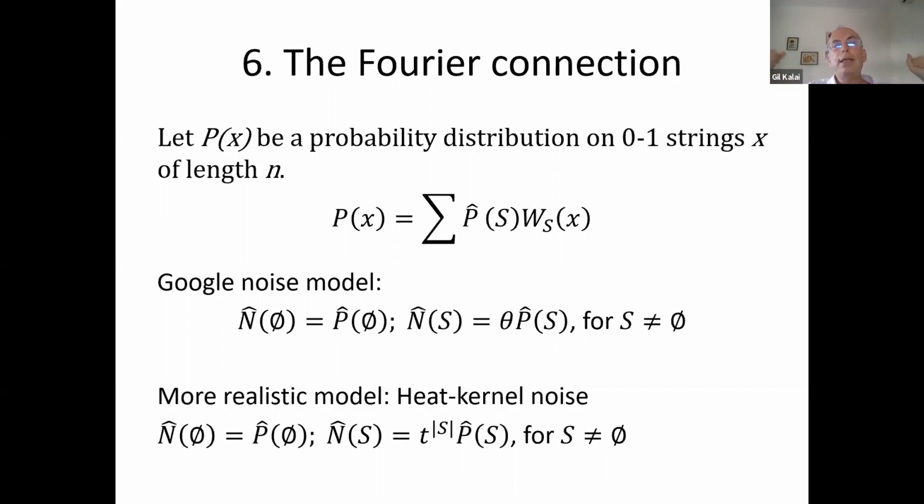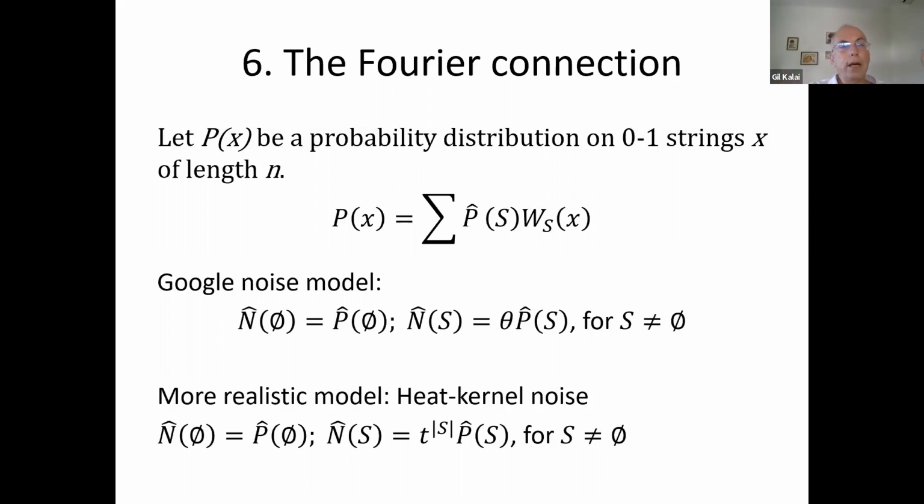You expand it in terms of what's called the Fourier-Walsh expansion. I should say that expanding a function on {0,1}^n based on the Fourier-Walsh expansion is a fairly important theme in combinatorics and theoretical computer science, and in particular in the study of noise.